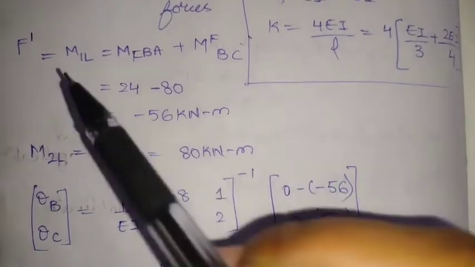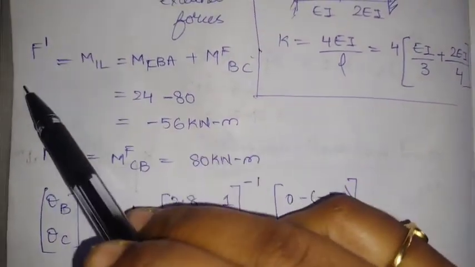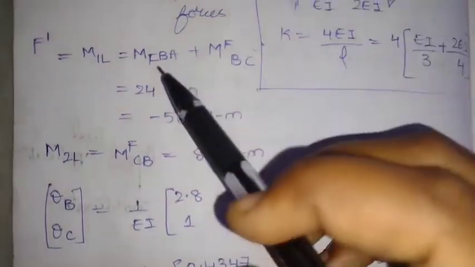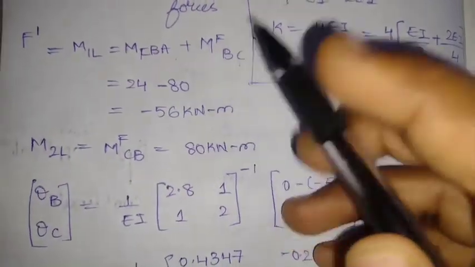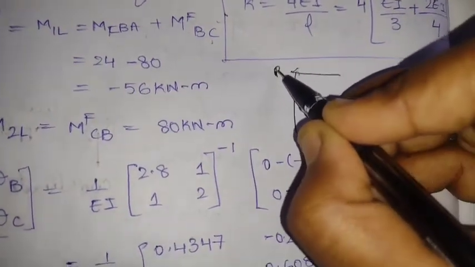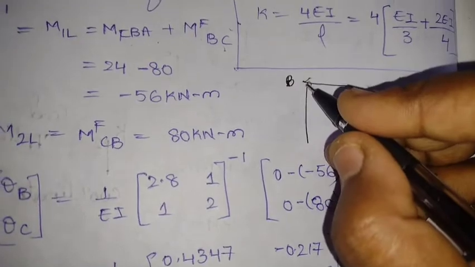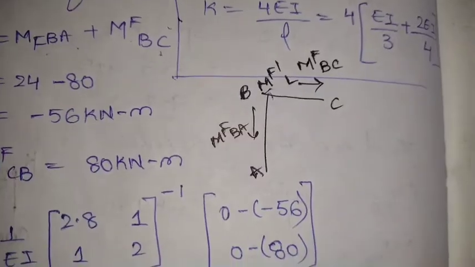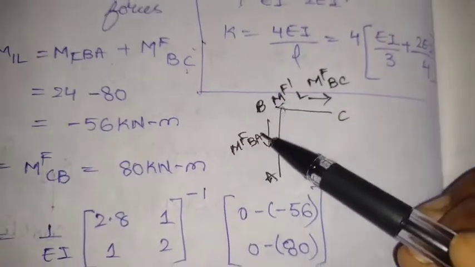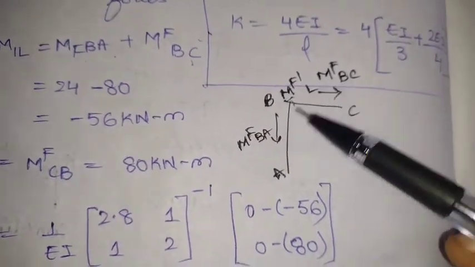Next, when we are calculating this resultant force F, that is F1 at point 1, so we will be taking MFBA plus MFBC. That is, in this support, see this is B, right? So at B we will be taking this as F1. So for getting this value, we should just get the resultant, that is we should just add it.